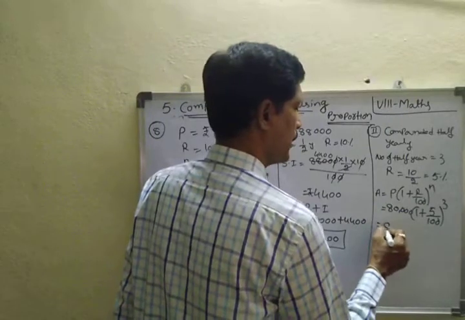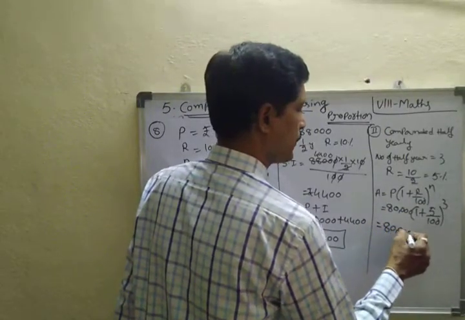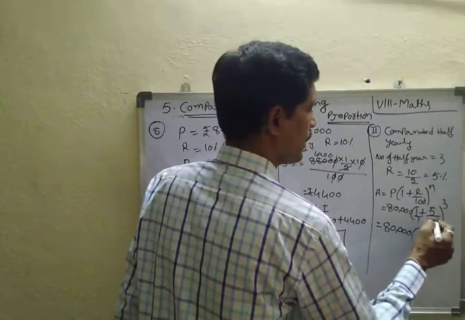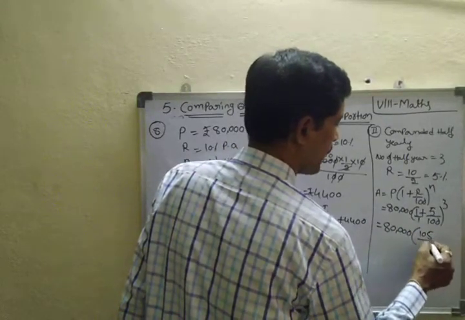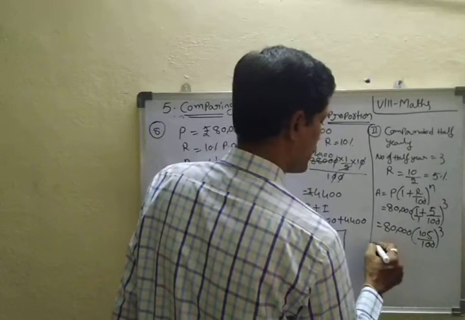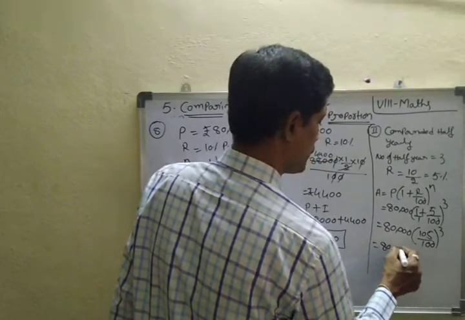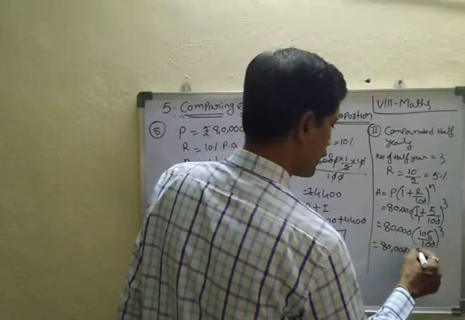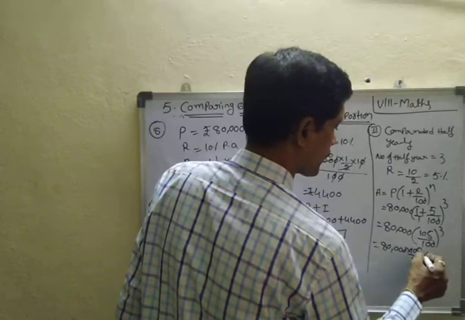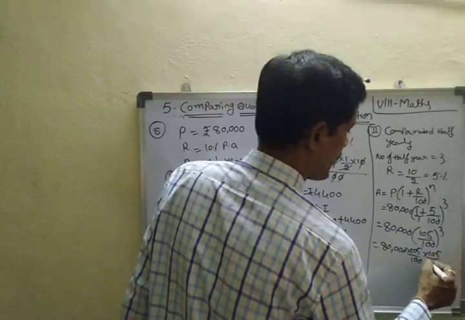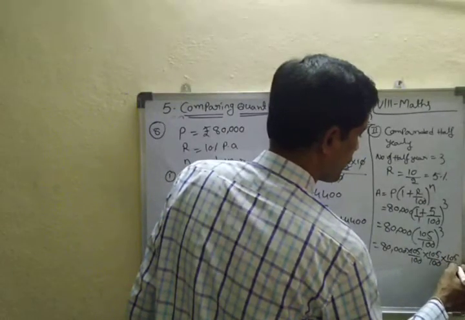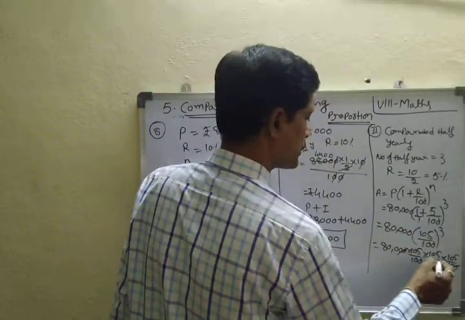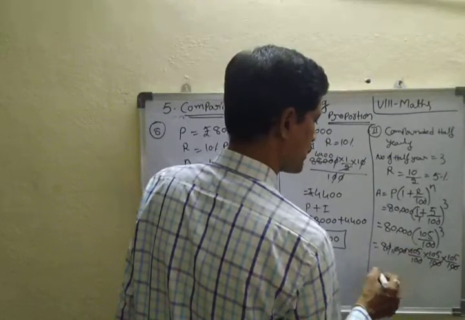Therefore, that is 80,000. Here we find the LCM: 100 plus 5 is 105 by 100 whole cube, that equals 80,000 into 105 by 100 into 105 by 100 into 105 by 100. These two zeros get cancelled, and these two zeros get cancelled.